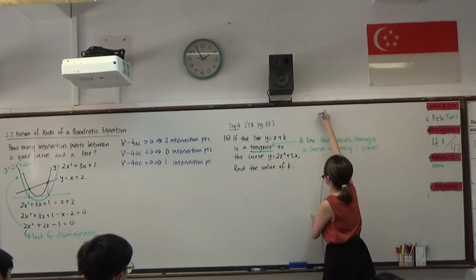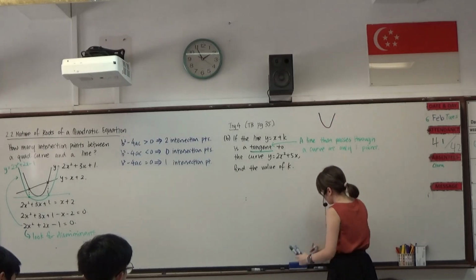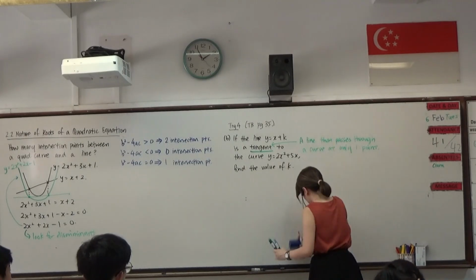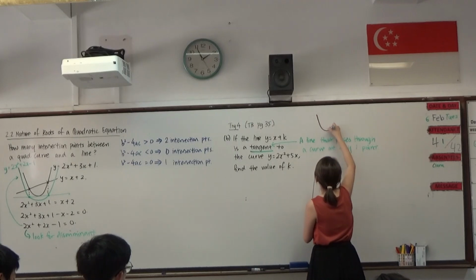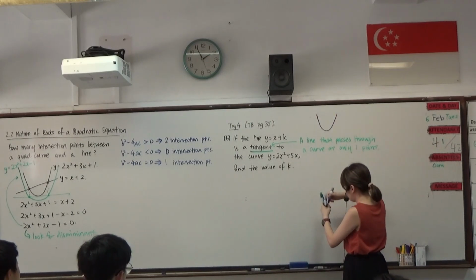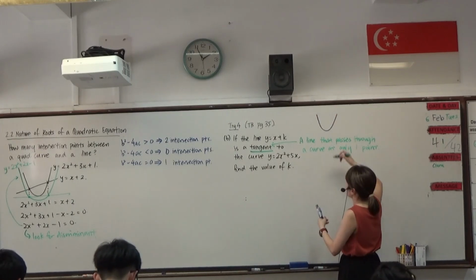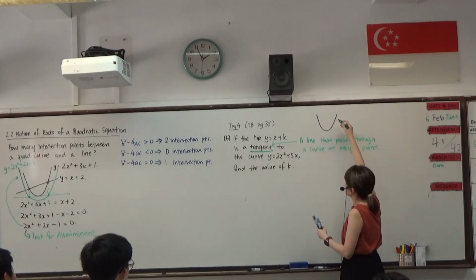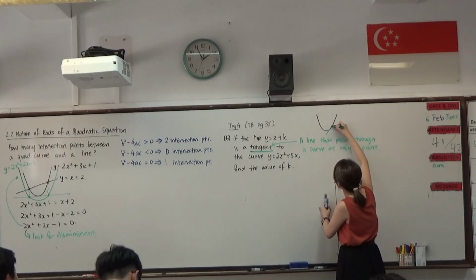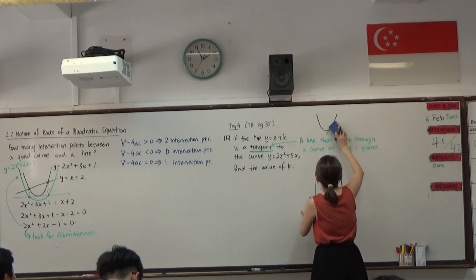We are looking at a curve. Sorry, not very well drawn. A curve, and then the line that passes through the curve at only one point could possibly look something like that.